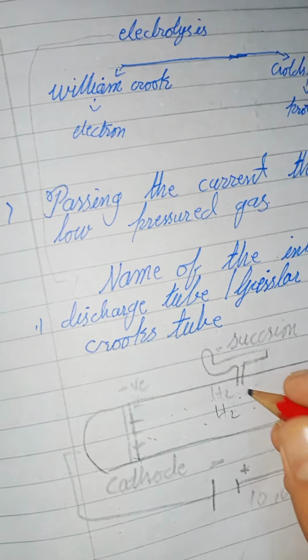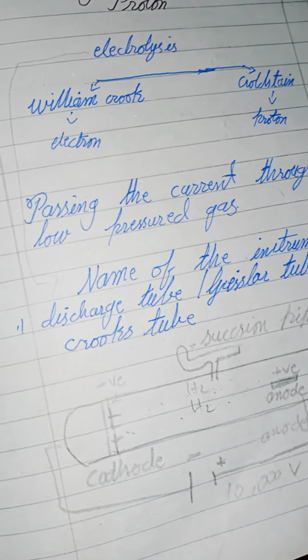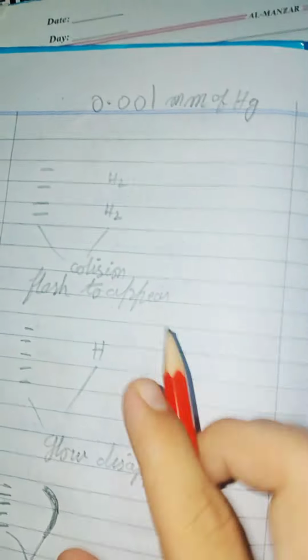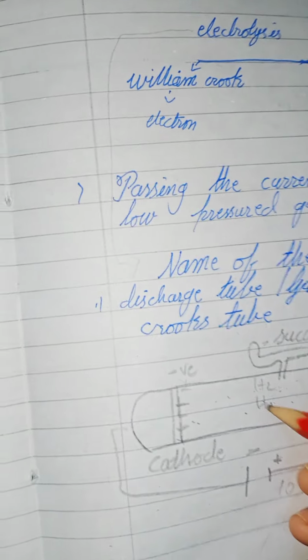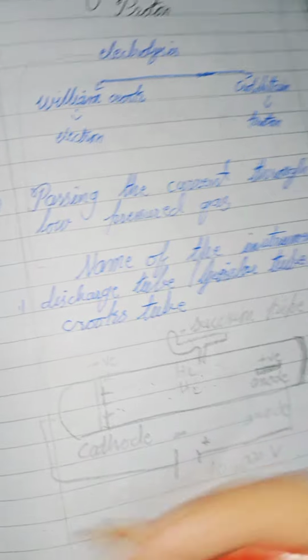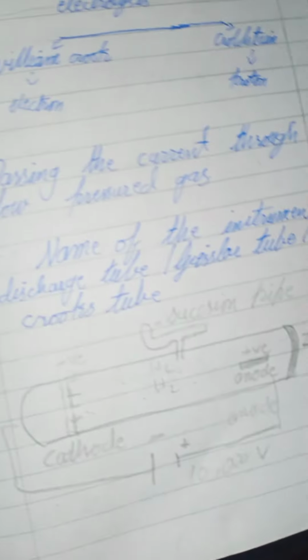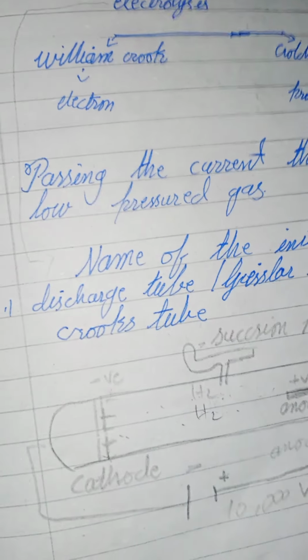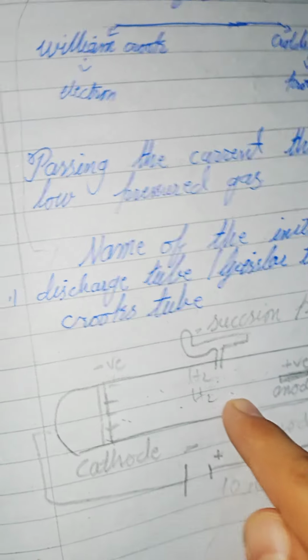He removed almost all the H2, leaving very little, at a quantity of 0.01 mm Hg, which is the pressure. For example, he takes out all the H2, only one H2 is remaining. The pressure is very low. What is pressure? Just the amount of H2 inside this tube.